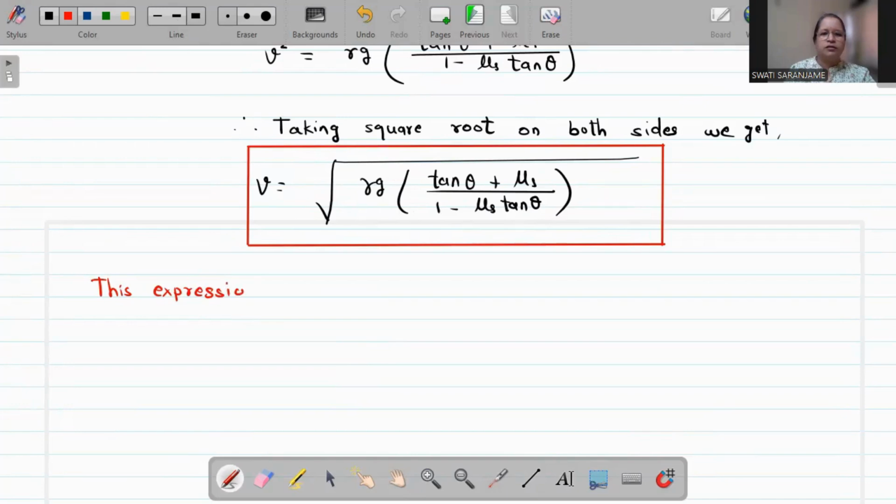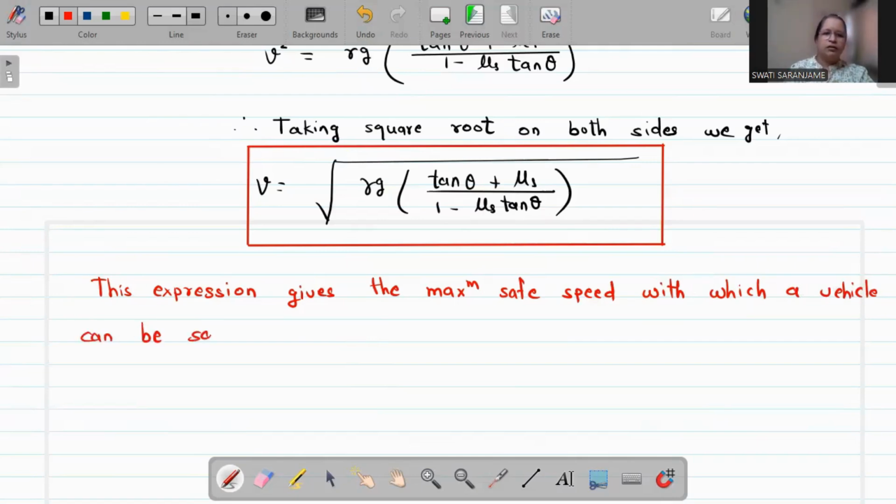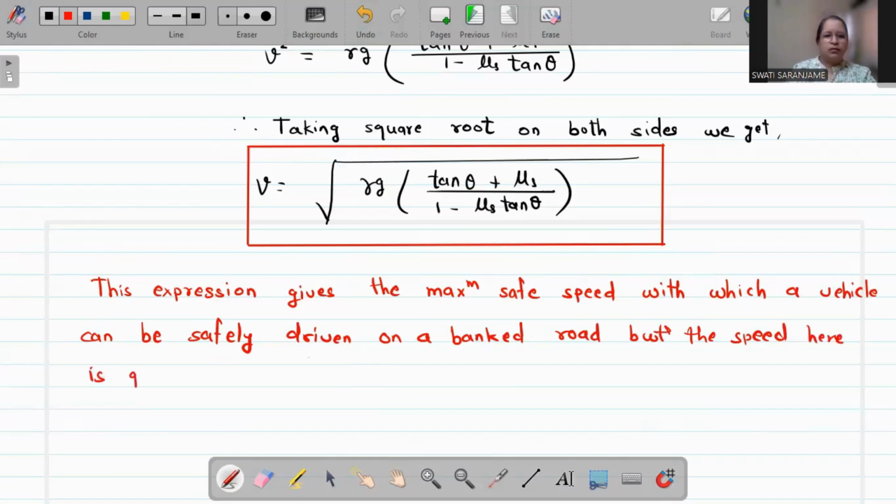This expression gives the maximum safe speed with which a vehicle can be safely driven on a banked road, but the speed here is greater than v equal to under root rg tan theta.